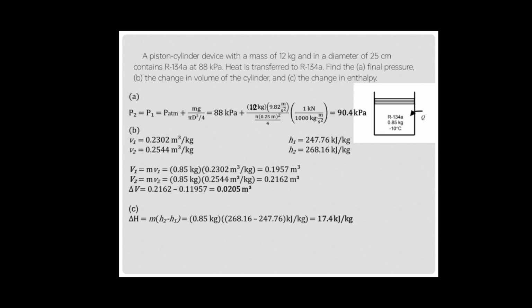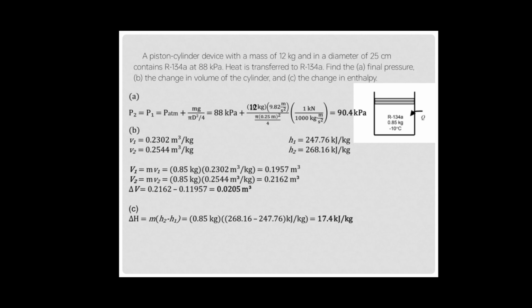Now the enthalpy for the initial state is 247.76 kilojoules per kilogram, and the final state is 268.16 kilojoules per kilogram. Now we need to solve first the initial and the final volume so that we could find the change in volume.